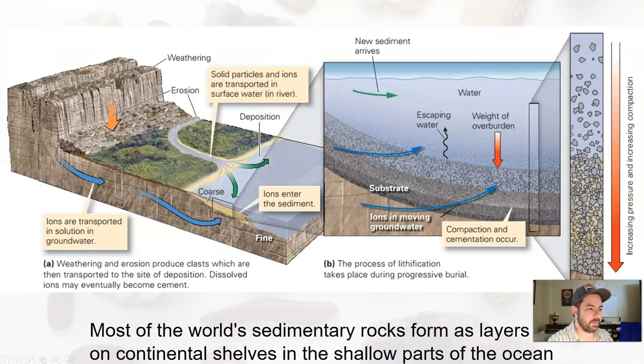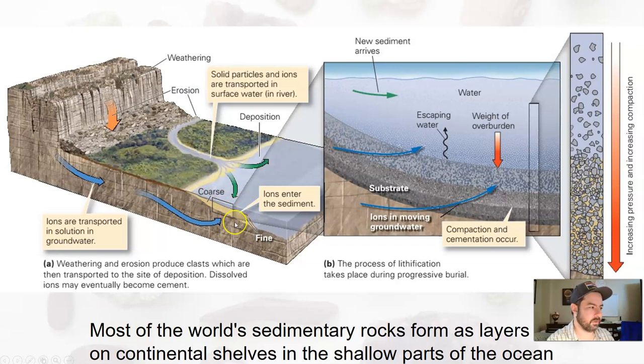This might be one of the most important things in this unit, in this lecture. Most of the world's sedimentary rocks form as layers on continental shelves in the shallow parts of the ocean. The continental shelf is the part of the continental crust that extends out from the continent. It's still continental crust, but it's under the ocean because weathering, erosion and wave action kind of ground it down a little bit.